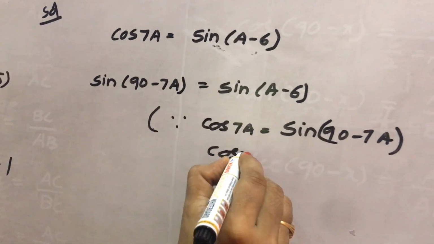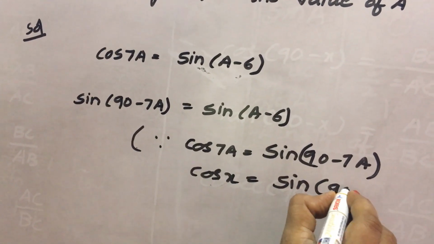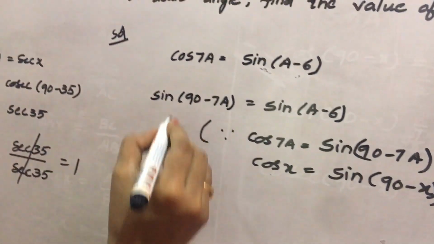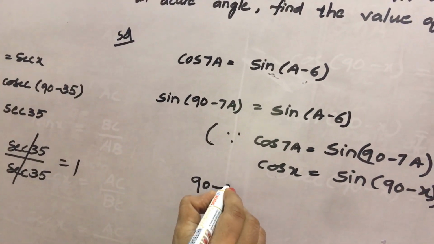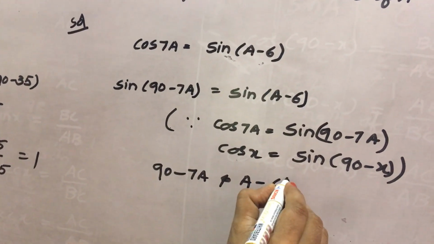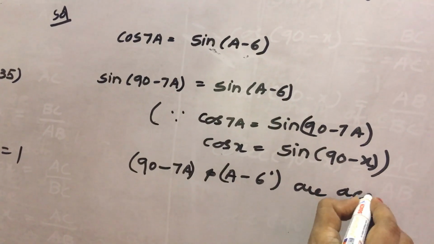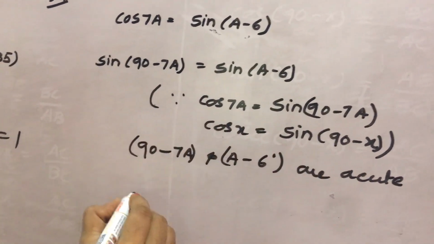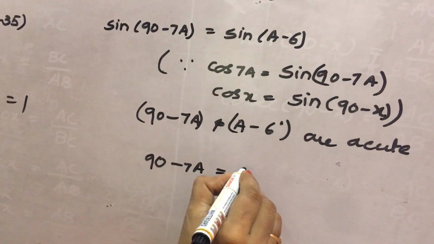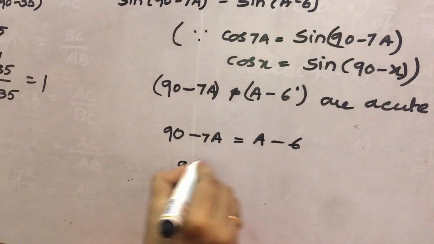Cos x is equal to sin(90 minus x). That's why we are writing this. As 90 minus 7A and A minus 6 degrees both are acute, we can equate 90 minus 7A is equal to A minus 6.